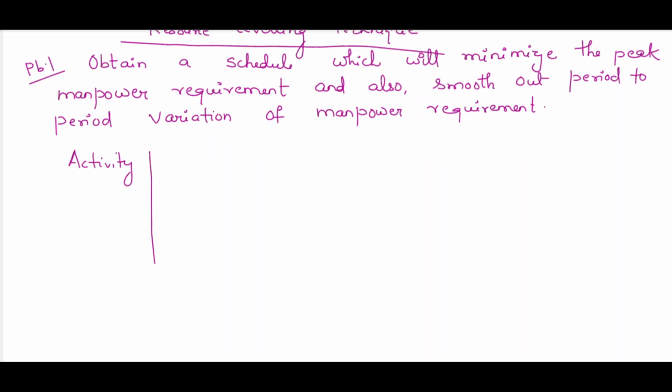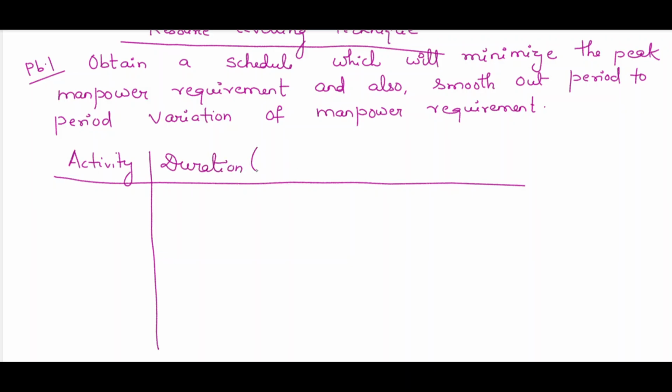We have been given activity in the first column, then duration, then manpower requirement.